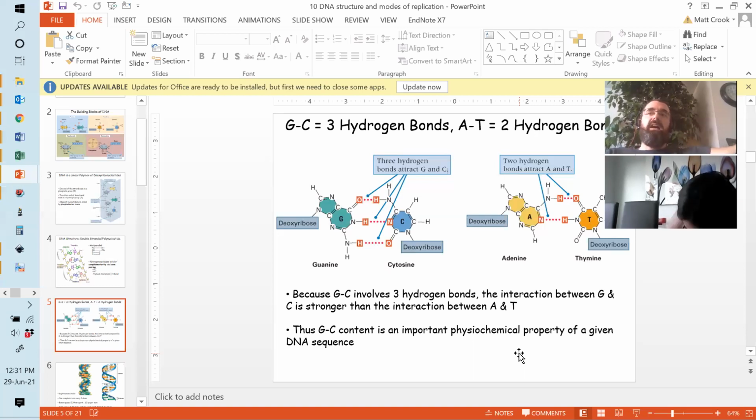And that's more likely to happen if there's only 2 hydrogen bonds between each base rather than 3. But that doesn't stop G's and C's being pulled apart during transcription or DNA replication at all. It just means you're more likely to find those areas of opening with A's and T's.